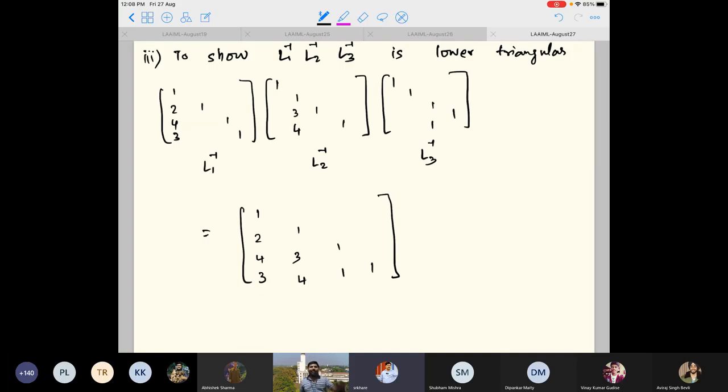You just look at the first column, second column, third column of L1 inverse, L2 inverse, L3 inverse respectively. Just put those columns together, and that's what you're getting as the product of L1 inverse, L2 inverse, L3 inverse. So you don't even have to do the multiplication. I want you to do this multiplication once. Really, do it with your hand, pen and paper right now, and convince yourself that this is what you are actually getting.